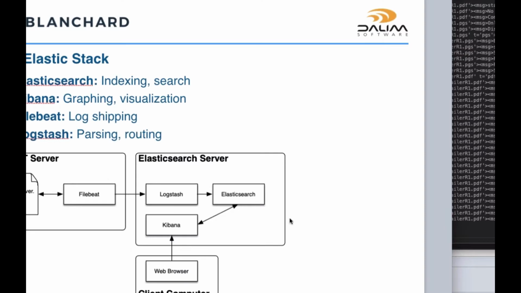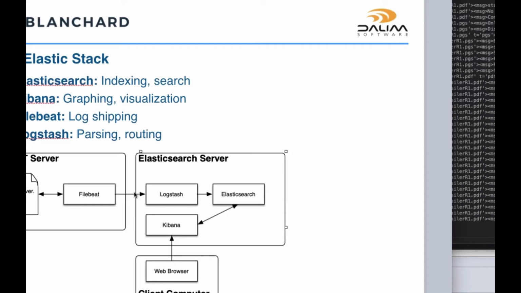There are two other parts of the Elasticsearch stack that we'll be dealing with. The first is called Filebeat, and Filebeat is a log shipping application. It would be a little utility you had installed on your Twist server, configured to watch the server log for updates. Whenever it sees an update, it passes that on to Logstash.